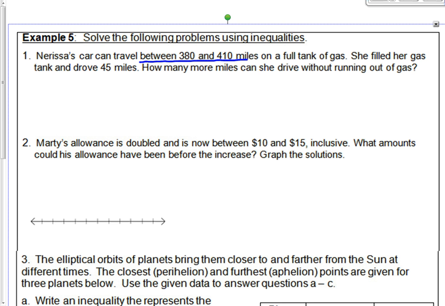Well, think about this. Her car goes between 380 and 410 miles on a full tank of gas. So she's going to get somewhere if her gas goes in between these on a full tank of gas.